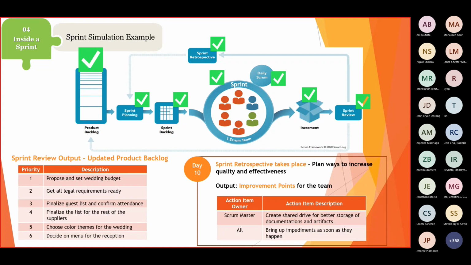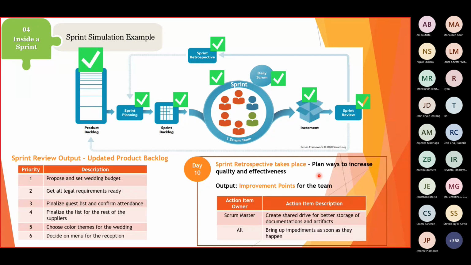Okay, so finally, to conclude the sprint on day 10, the sprint retrospective takes place. This is now the perfect time when we plan ways to increase quality and effectiveness. So the expected output for this one are the improvement points for the team.